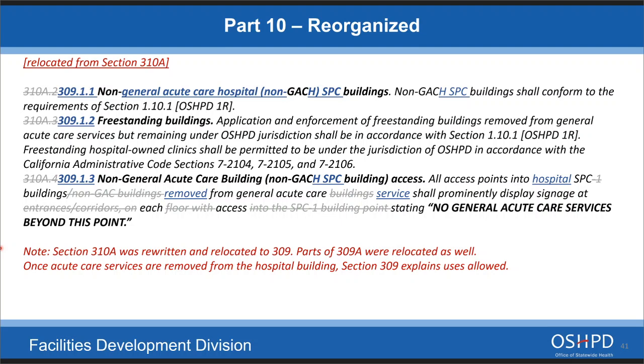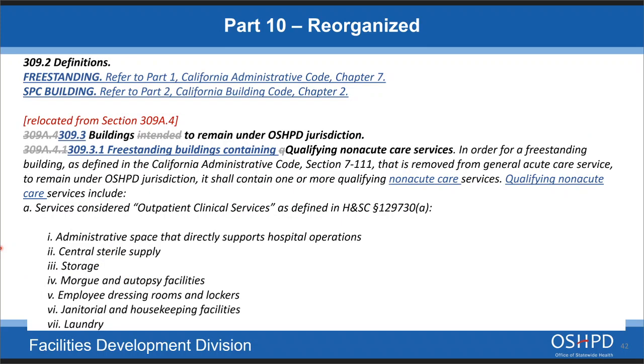We actually already had confusion with pharmacies that are required to be in the hospital building being relocated in a non-hospital building. So this is to help clarify that point. And again, just to remind you that section 310A was rewritten and incorporated in 309 to just better align with a non-hospital use.